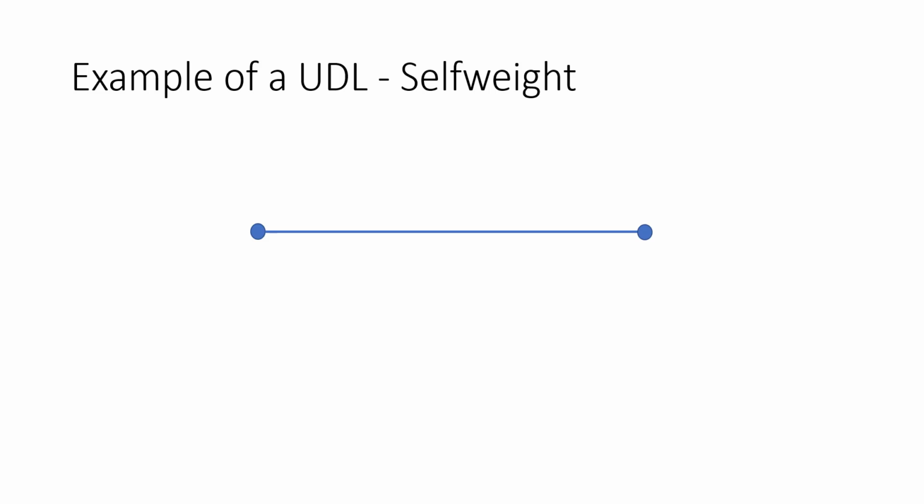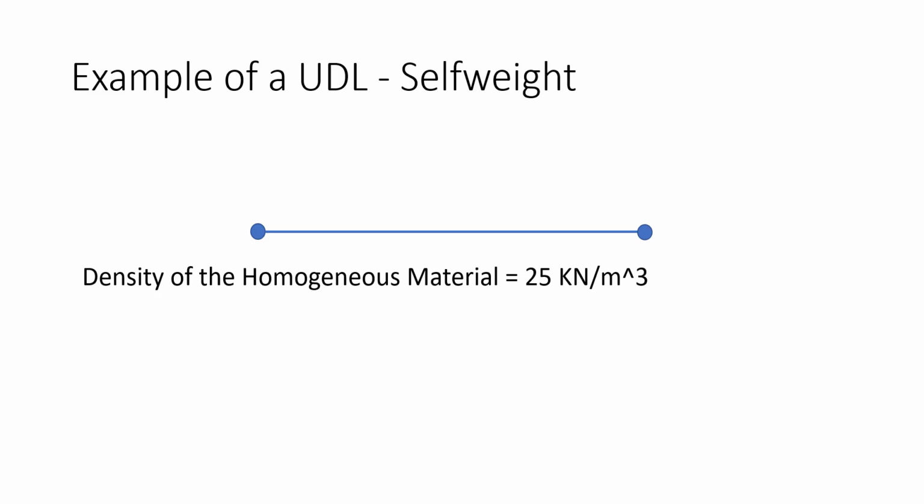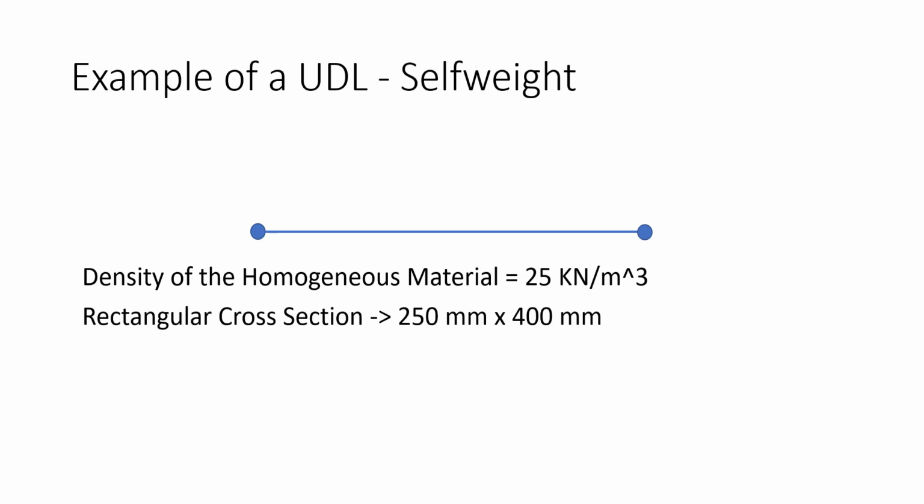Now let us consider this member or the beam that you see on the screen, and let us consider that a homogeneous material makes this beam, the weight density of which is 25 kilonewton per meter cube. Let us consider that this beam is made up of a rectangular cross section, 250 millimeter wide and 400 millimeter deep.